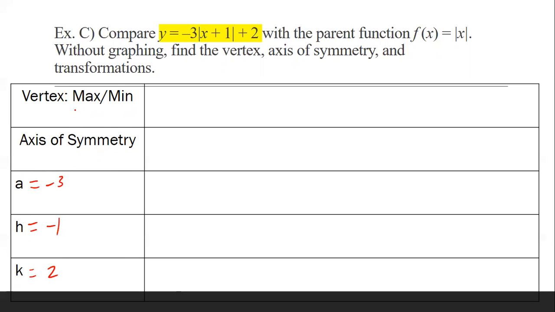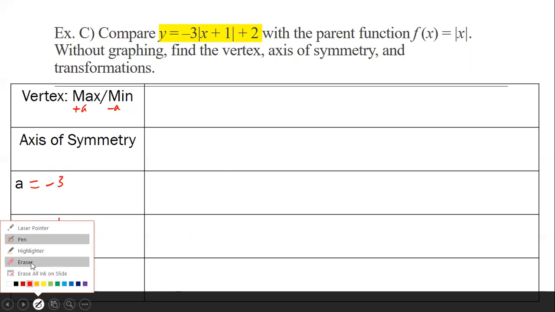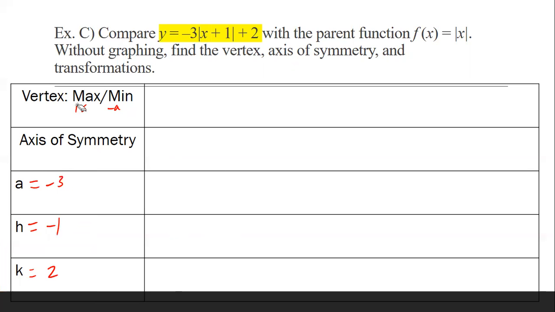So your vertex, again, depends on whether your A is positive or your A is negative. So in this case, what is our A? -3. I wrote them backwards again. What is wrong with me? All right. What is our A?